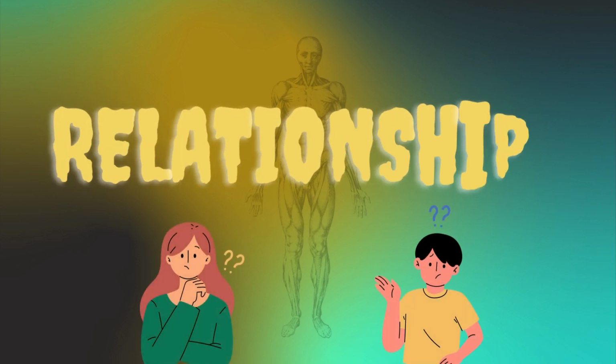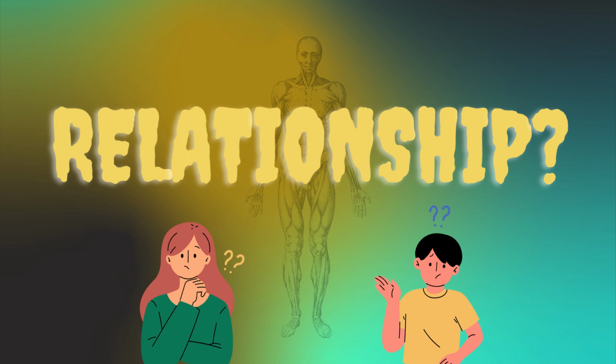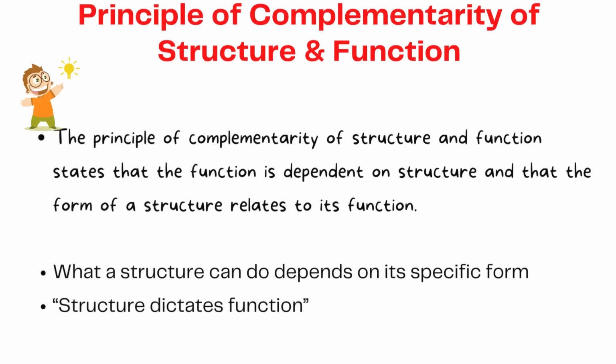Now, if you look at these two discussions, what do you see as a common relationship between anatomy and physiology? So let us look at the relationship between anatomy and physiology. And this takes us to what we call the principle of complementarity of structure and function.